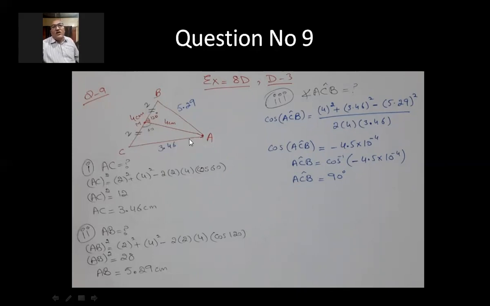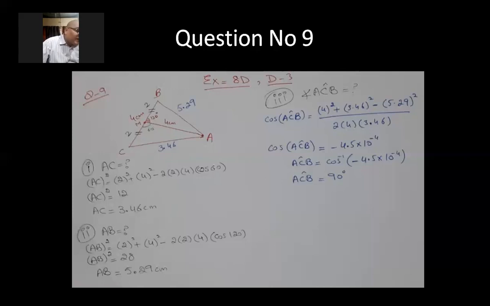According to the law of cosine, AC square will be equals to 2 square plus 4 square minus 2 multiply 4 multiply 2 multiply cos 60 equals, you get 12, under root answer equals, so your AC side will be 3.46 centimeter.